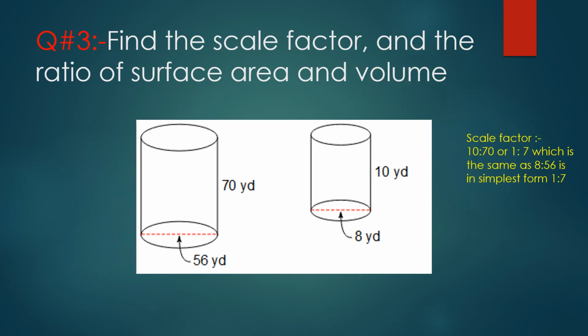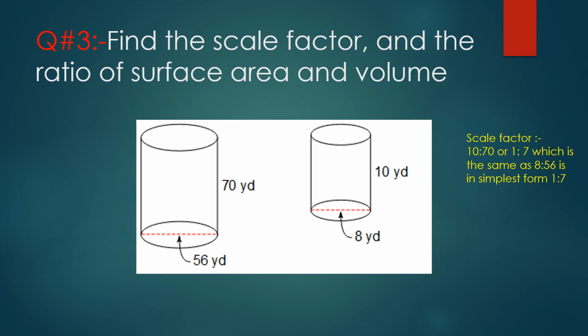So let me use the heights first, from the second figure to the first one, from smaller to bigger. It is 10 to 70, or 1 to 7. It is also 1 to 7 if you take the diameter.